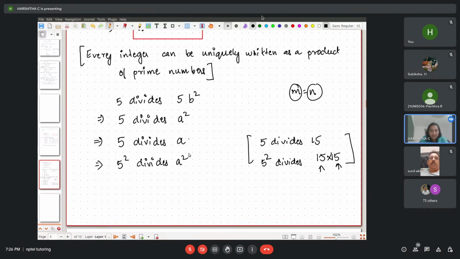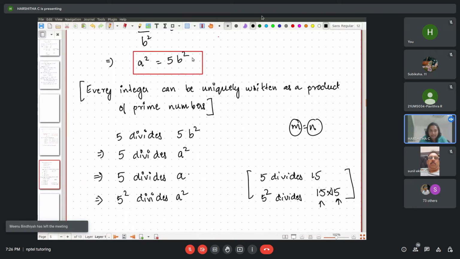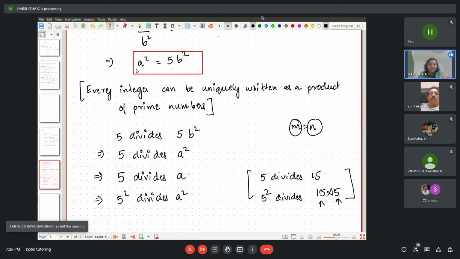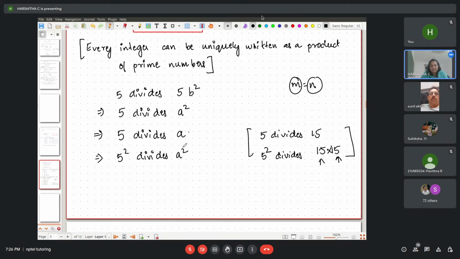Okay, so what did we get? Let's go back to this highlighted equation that we have. We have that 5 square divides a square, which means that again the same thing. You have two numbers which are equal, and if you have some number dividing one side of it, it has to divide the other side. So this gives 5 square divides 5b square.